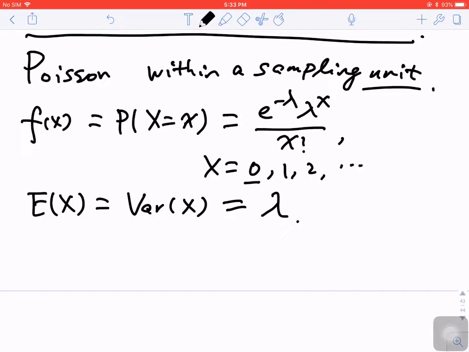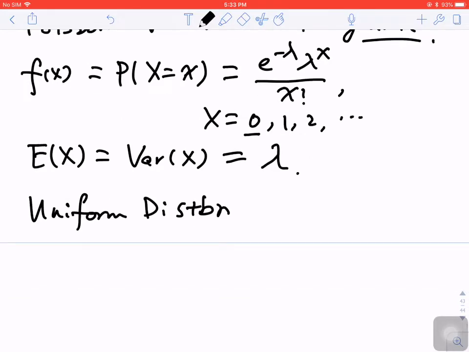In chapter 6, we learned some continuous distributions. We learned the uniform distribution. Of course, this refers to the continuous uniform distribution, because the discrete uniform distribution was pretty easy, like the probability of getting a number when you roll a die.